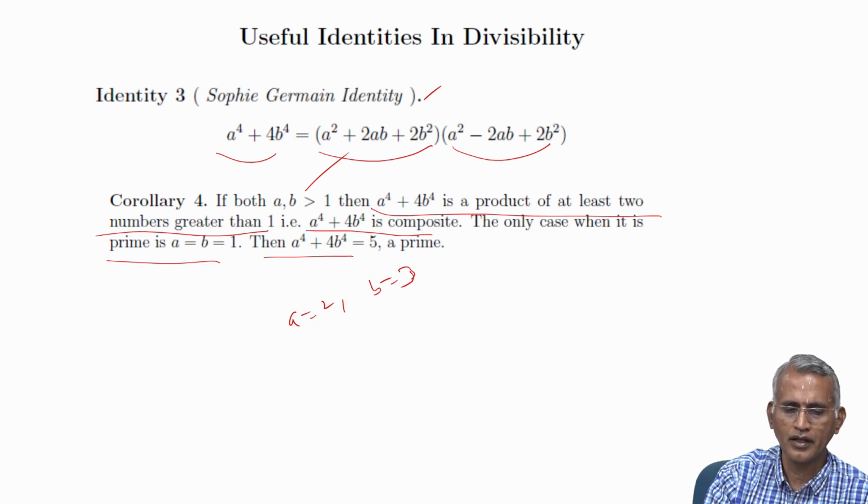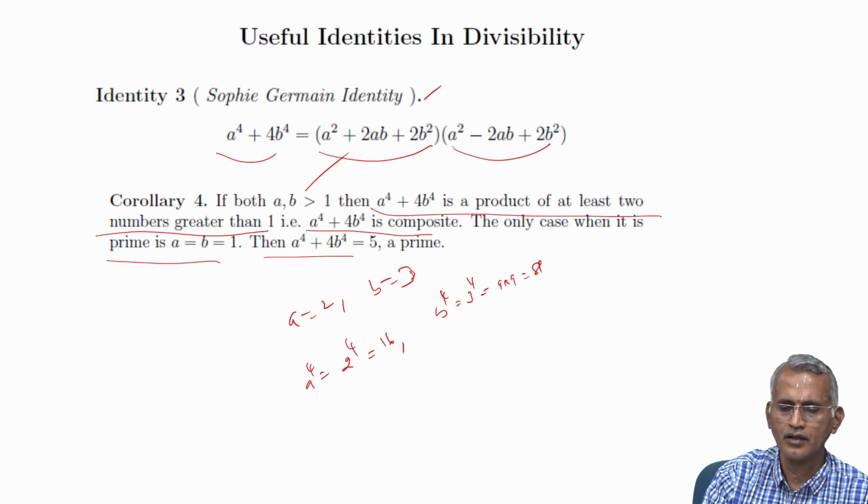First, A power 4 is 2 power 4, which is equal to 16, and then B power 4 is 3 power 4, which is equal to 9 into 9, that is 81. Now, we have A power 4 plus 4 into B power 4, which is equal to 16 plus 4 into 81.